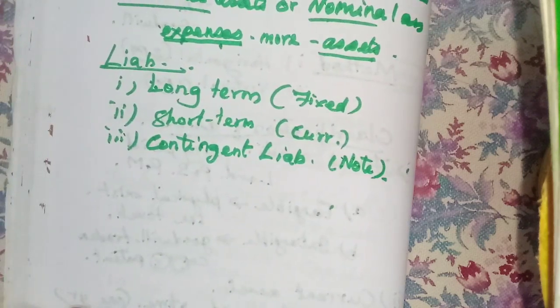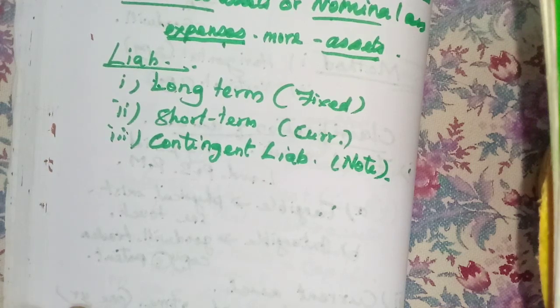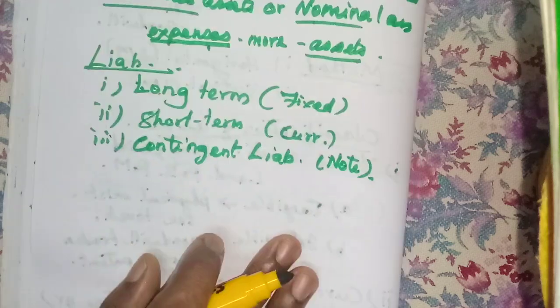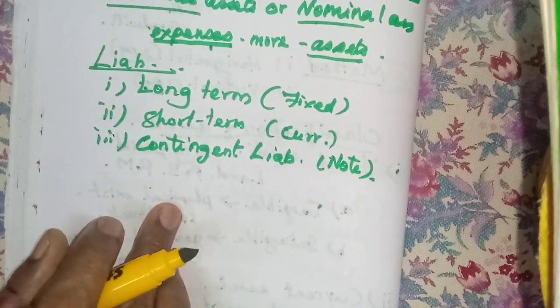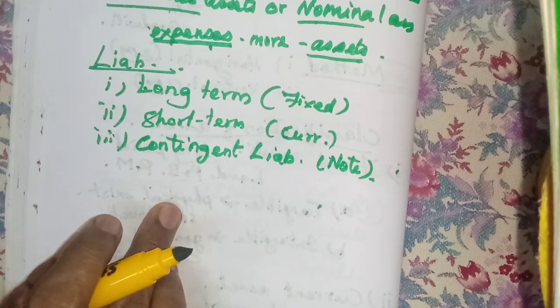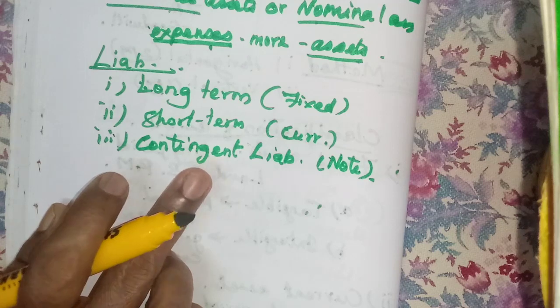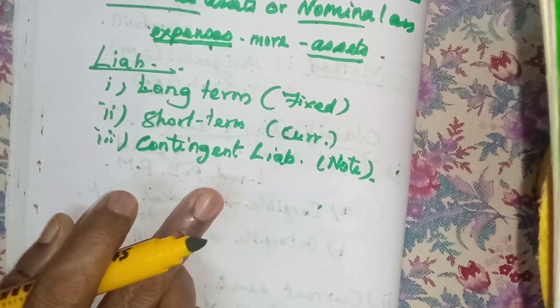Then if they have given a guarantee for a person and that person has not paid, the law will ask them to repay the loan. So they are the contingent liabilities. It will not be shown on the liability side of the balance sheet, but as a footnote under the balance sheet.